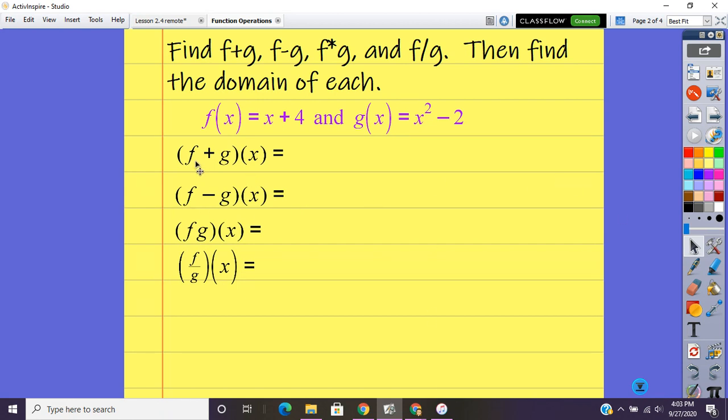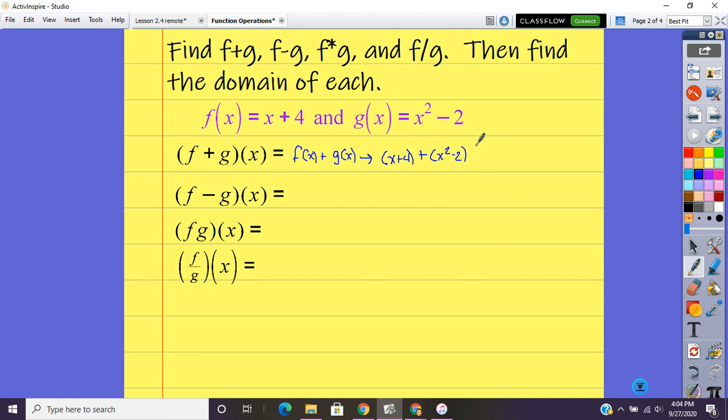With addition, so we have f plus g of x. If we were to write this in another form, that might make more sense. What this means is we're going to take f of x plus g of x. That means I'm going to take this x plus 4 plus x squared minus 2.